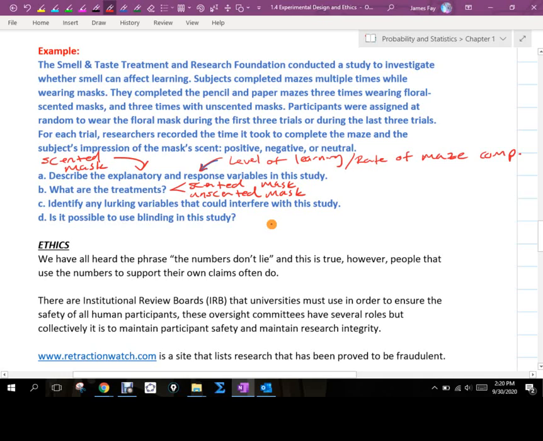Okay. It says identify any lurking variables that could interfere with the study. Anything that could interfere with the study that we might think. So when we say lurking variables, it's not going to be written up there. You got any ideas of something that could maybe interfere with whether this is good?